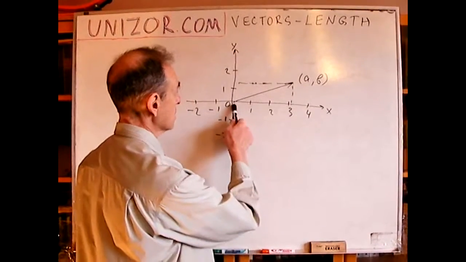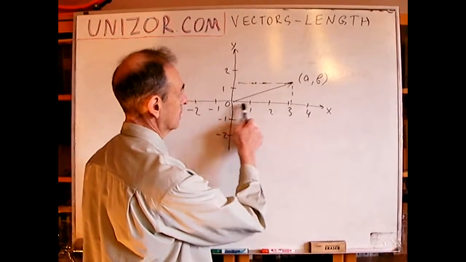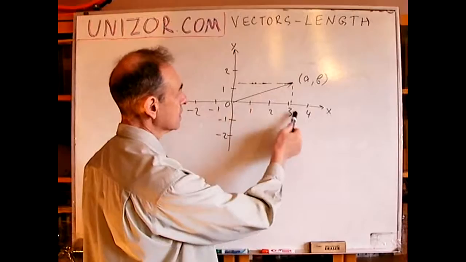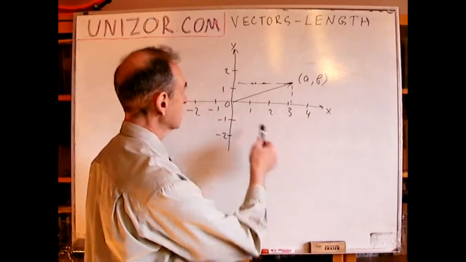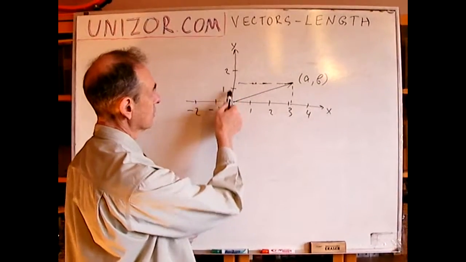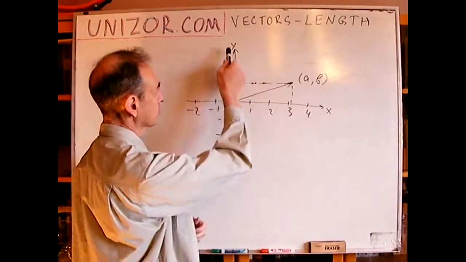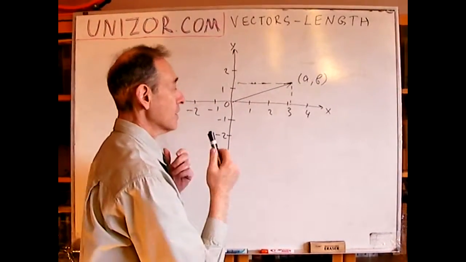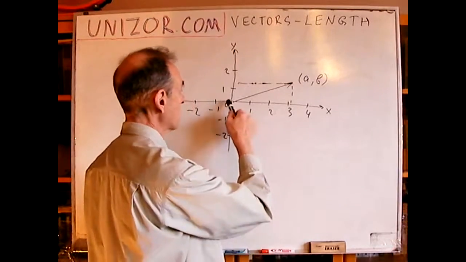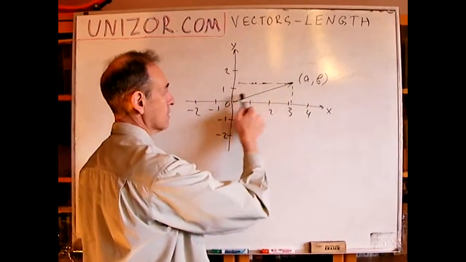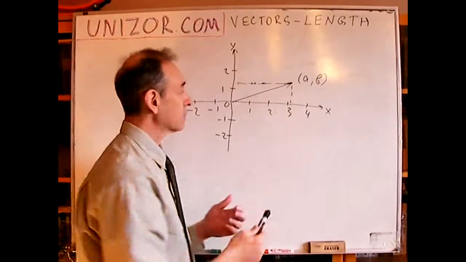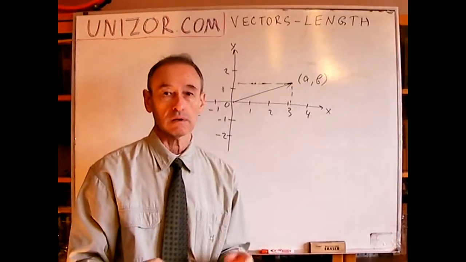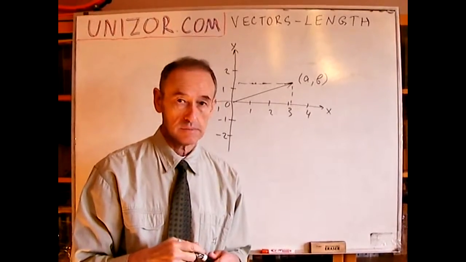So this particular segment, which is a projection onto the x-axis, is equal to 3 point something, and this projection onto the y-axis is 1 point something. So maybe we don't know the length of this particular segment, but we do know its two projections on two orthogonal axes.